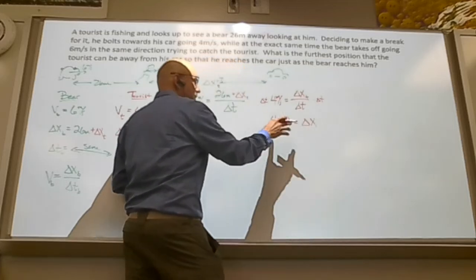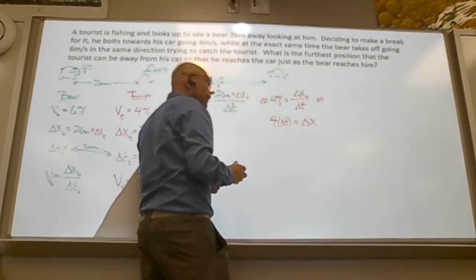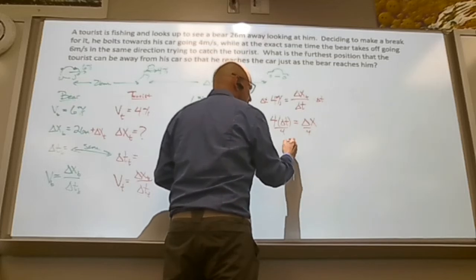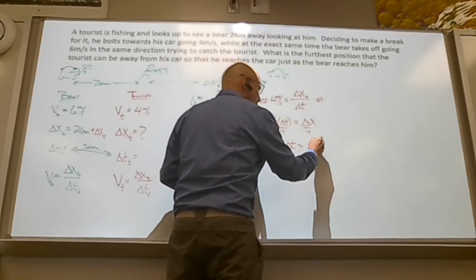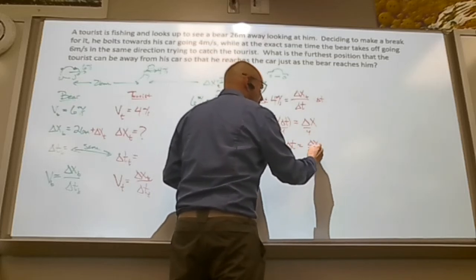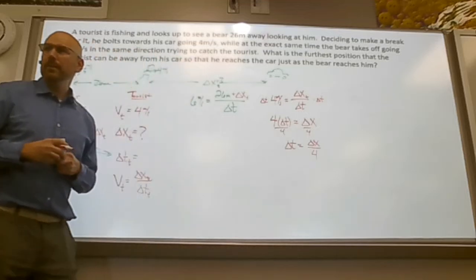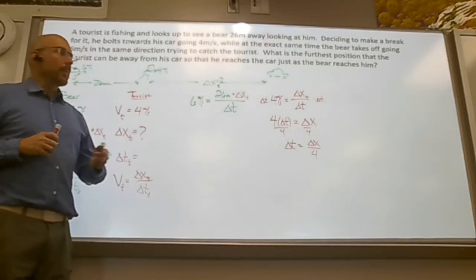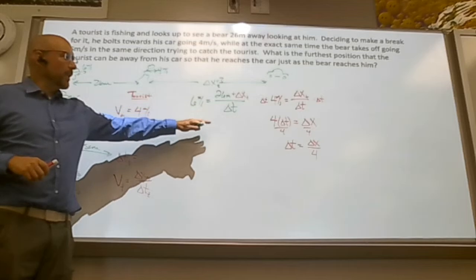And then I'm going to divide by 4 on both sides. So I've got delta t is equal to delta x over 4.